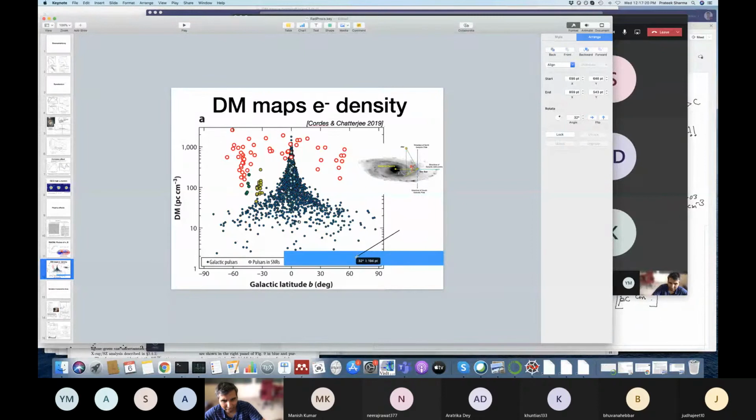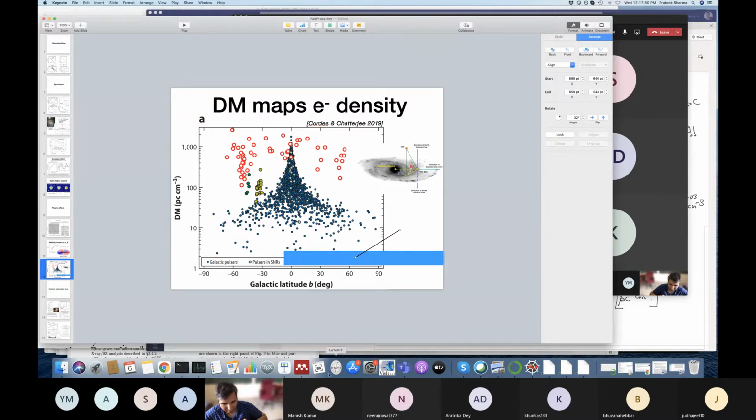If the number density Ne is constant in this blue zone, and you're sitting here looking at different regions, what do you get? Number density times this length. What is this length? This length in the interstellar medium is nothing but height h by 2.